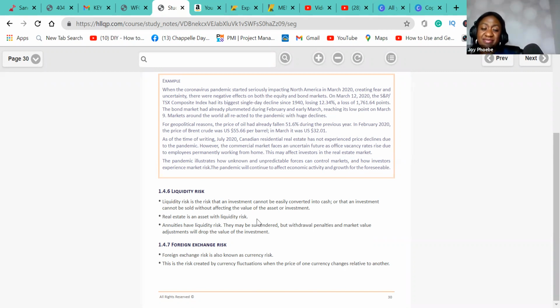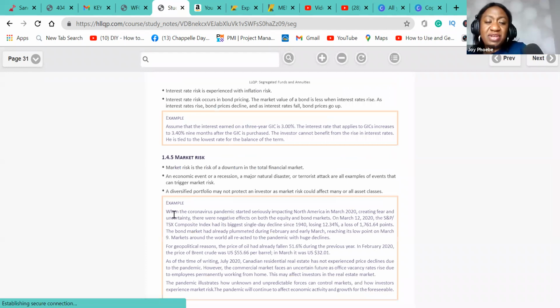Then foreign exchange risk is associated with investments that involve other currencies that can fluctuate. When the price of the currency changes, it affects the investment holdings in that portfolio.